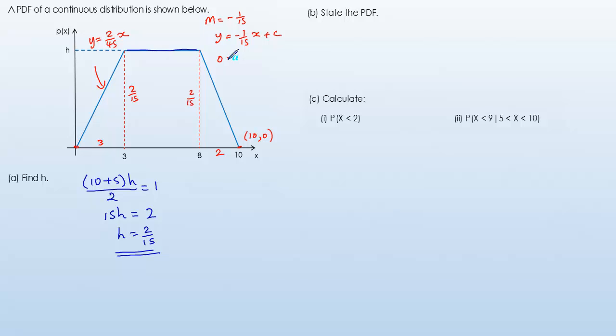So 0 is going to be negative 10/15 plus c, so c is 10/15. Now I know that cancels down, but actually the line is therefore negative 1/15 x plus 10/15, and it would be quite nice to write that as 1/15 of (10 minus x).